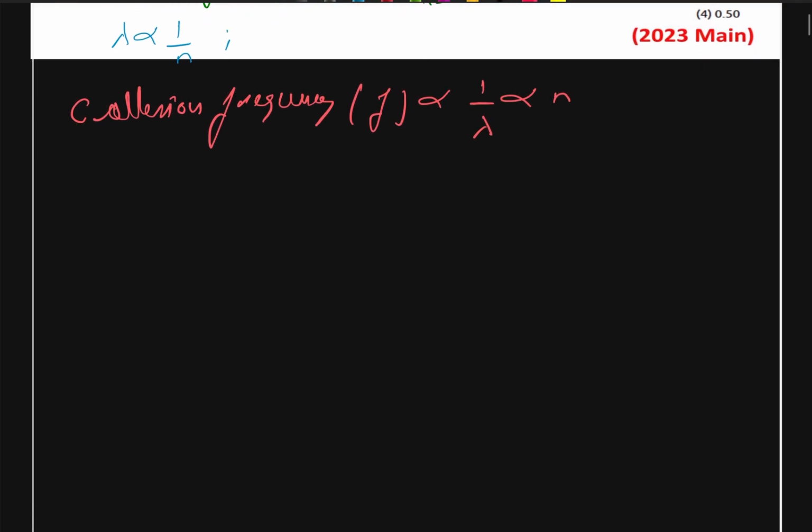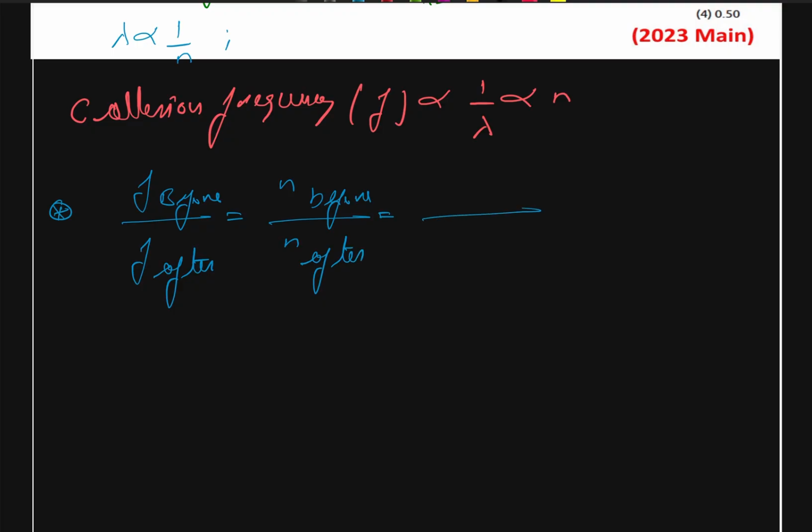Therefore we can write the formula in terms of ratio, that the frequency before to frequency after will be equal to number of molecules before and number of molecules after.